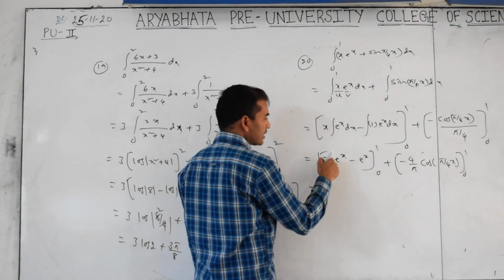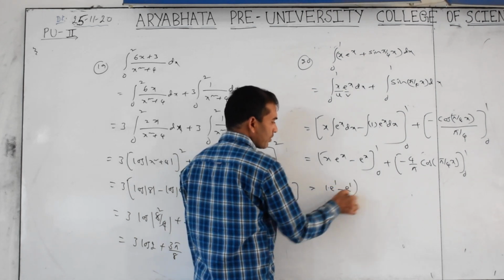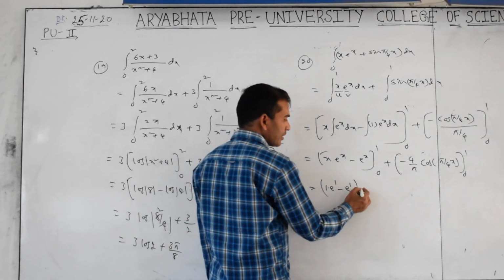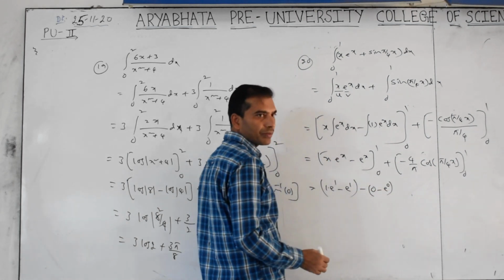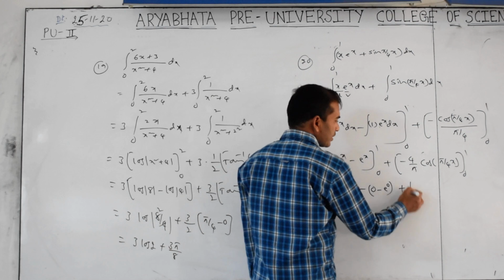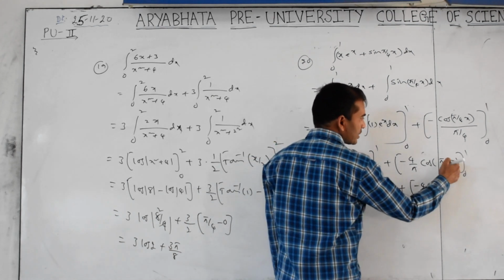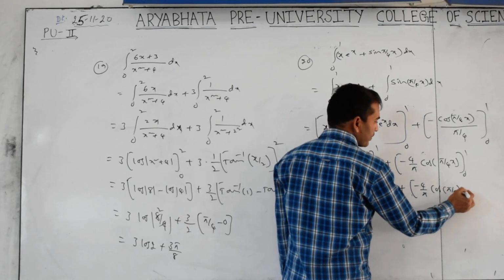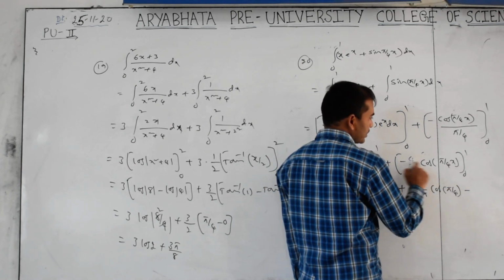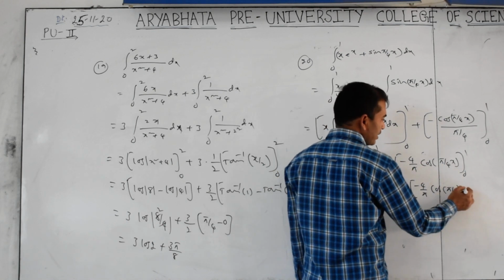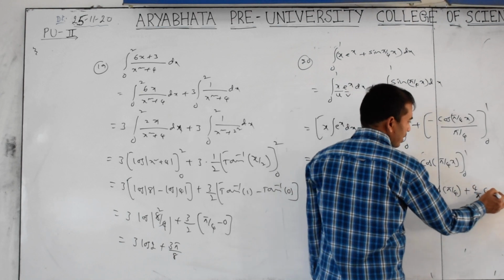Apply upper limit, put x equal to 1: e power 1 minus e power 1. This is the upper limit. Minus lower limit is 0 minus e power 0. Plus upper limit: minus 4 by pi cos of x equal to 1, pi by 4, minus, put x equal to 0, already minus is there, plus 4 by pi cos 0.